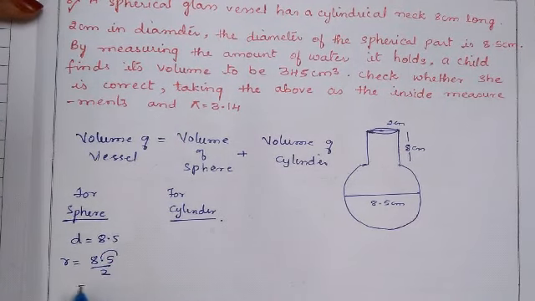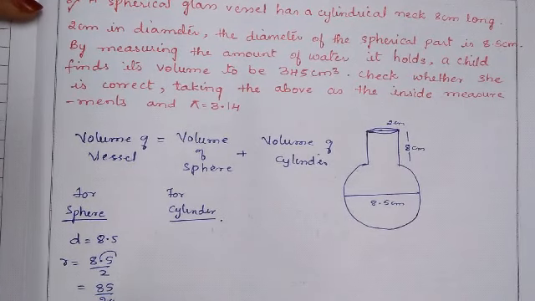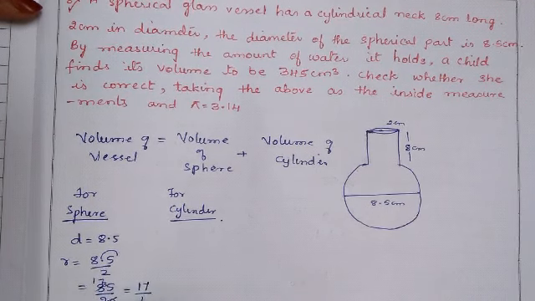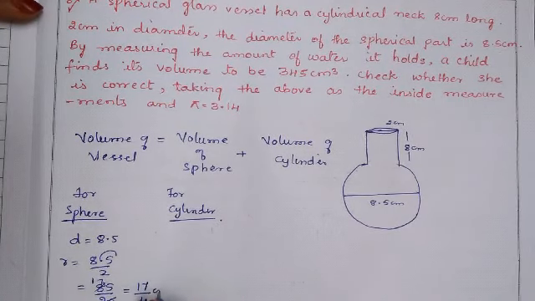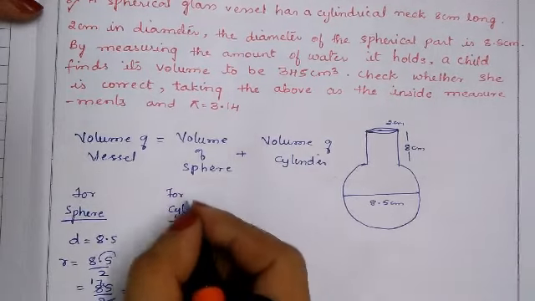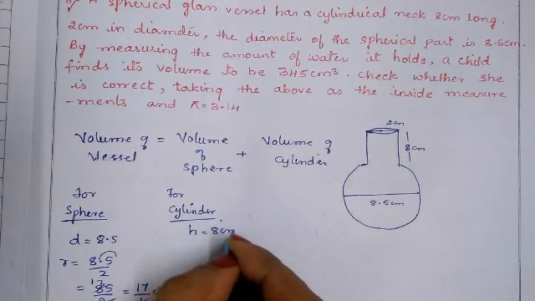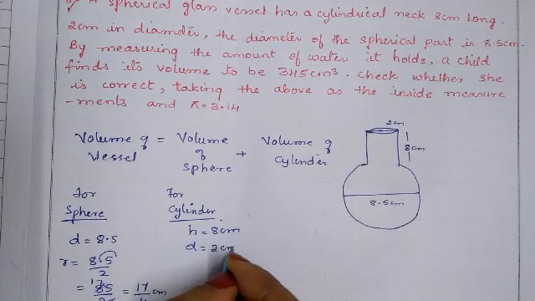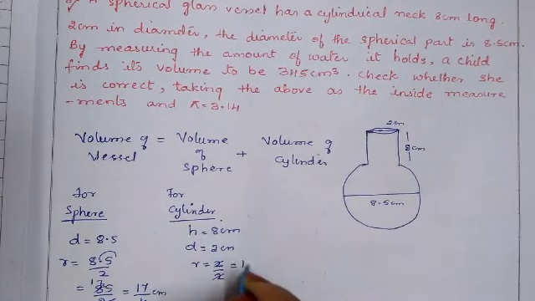Then 85 by 20, that is 5 4s are 20, 5 1s are 5, 5 7s are 35, that is 17 by 4 we get. 17 by 4 centimeter is the sphere radius. For the cylinder, height is given 8 centimeter and diameter is given 2 centimeter. So radius will be 2 by 2, the 2 gets cancelled, 1 centimeter.